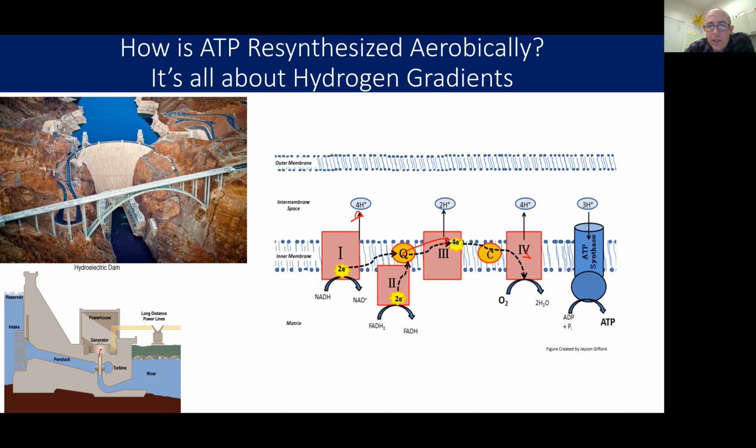Ultimately, the electrons are received by oxygen. Oxygen is known as the final electron acceptor. Without oxygen, these electrons have nowhere to go and they'll just stall. And you don't get any hydrogen ions moving and you won't get any ATP resynthesis. So the electrons ultimately bind to oxygen on complex 4 and form water. All the while, as the electrons move, they're moving hydrogen ions.